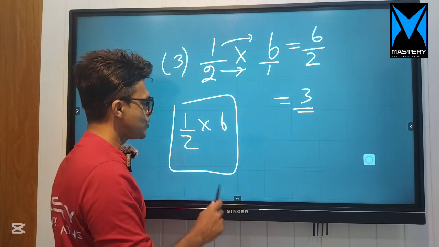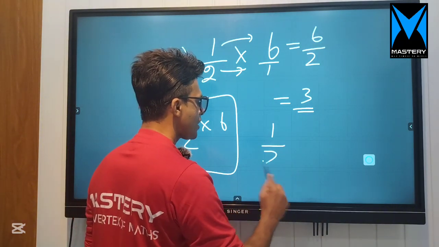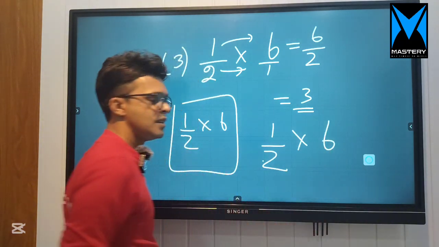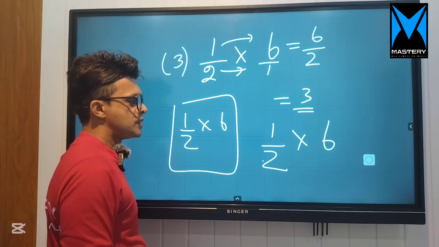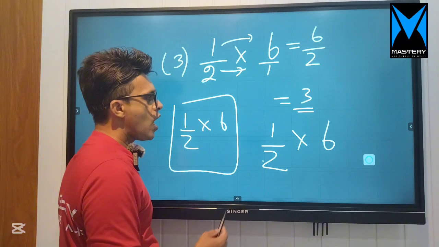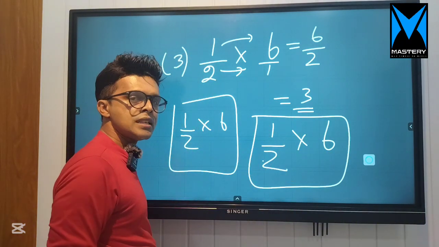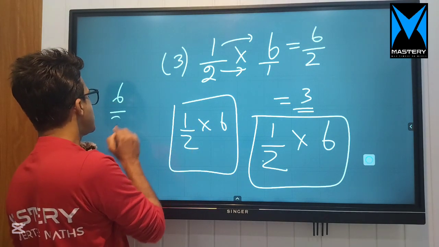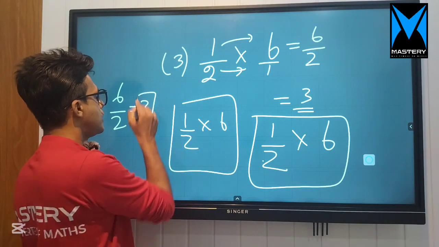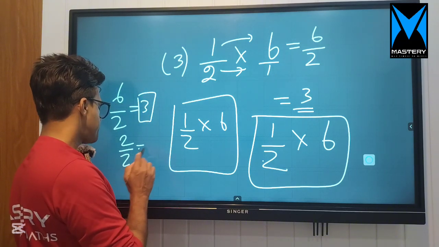But anyway, how can you do this question? Same thing. Half times 6. This can be simplified by finding the multiples of 2 in 6. So 6 upon 2 is 3, and 2 upon 2 is 1.